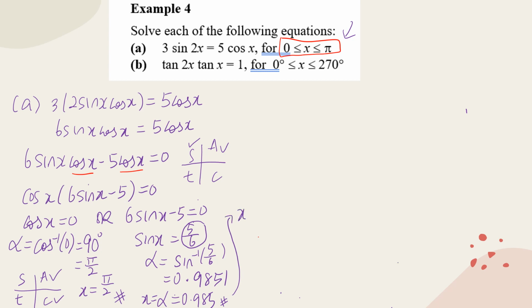Then the second value will be pi minus alpha, which is pi minus 0.9851, and that will give you 2.16.